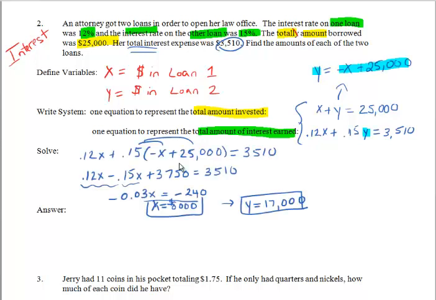So to answer my final question, find the amounts of each of the two loans. So the first loan was for $8,000.